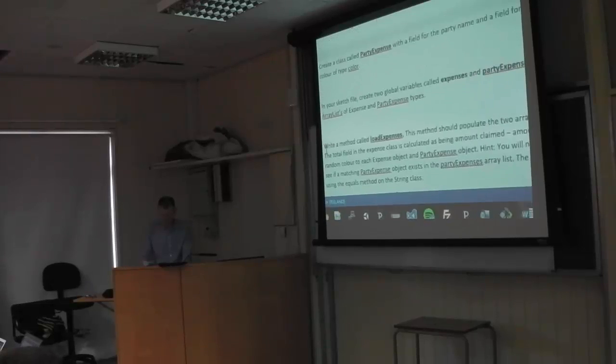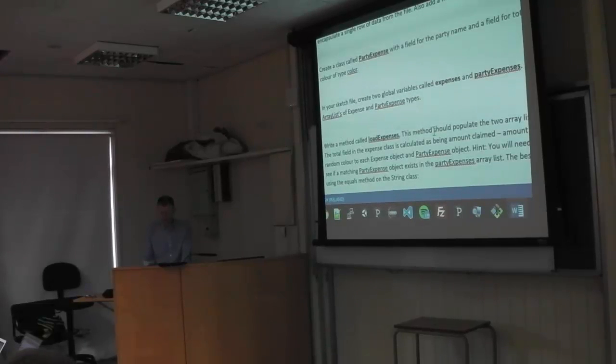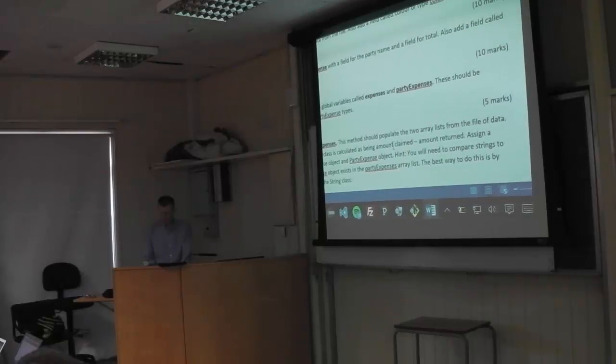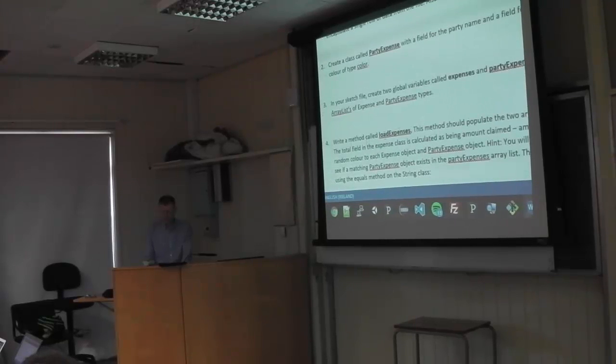This is more interesting. Write a method called load expenses. This will populate the two array lists from the file of data. Now the interesting challenge here that tripped a lot of people up is that I'm just going to have one array list of the parties, another array list of party expenses, but my file is divided up into elements by politician.